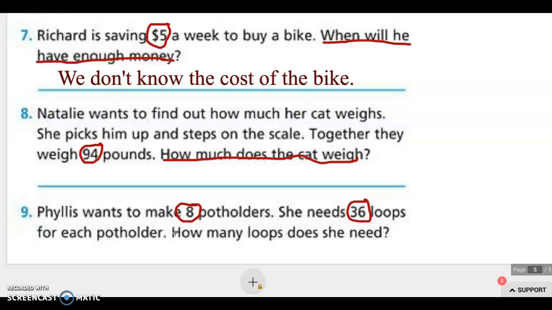So 8 pot holders, 36 loops for each. That is my key word there. How many loops does she need for all of them? So I'm going to let you go ahead and solve that last one. And then you are off to practice.